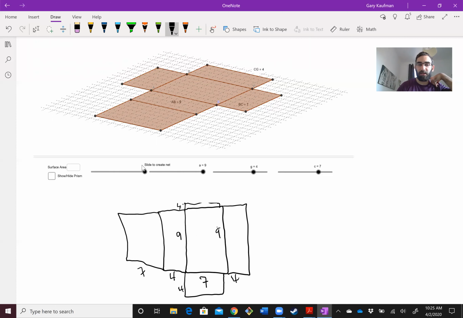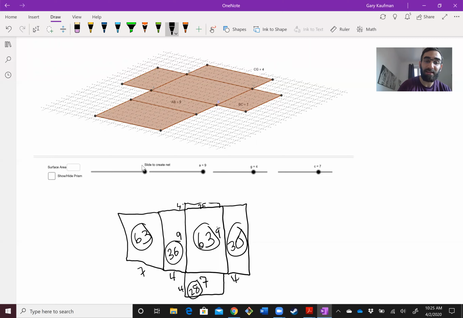So all of a sudden I could see that this and this are both 63. 9 by 4, both of these are 36. And both of these are 28, because I'm finding the area of the rectangles. It's just base times height. Well, so now I have to add them all up.